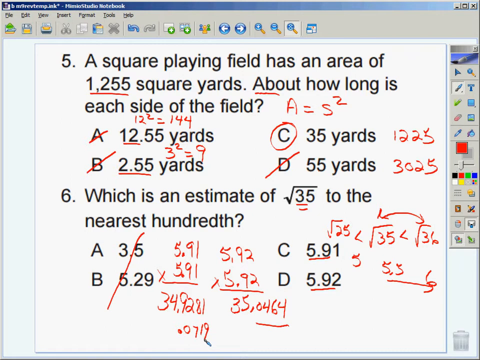Which is closer? Well, since this one's 700ths and this one's only 400ths, 5.92 is closer. Again, remember tomorrow it probably will say which integers are closest. And the integers that this would be closest to would be 5 and 6. It's between 5 and 6, and it's closer to 6.